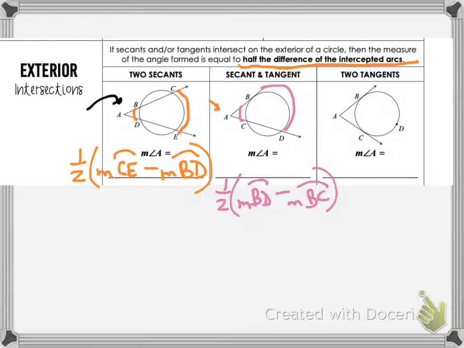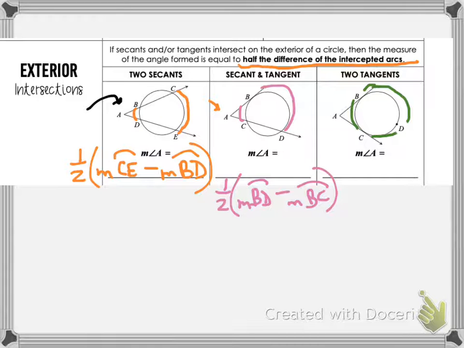And then the last one, we have two tangents intersecting out here. The intercepted arc in this picture would be BC, clear to there, which is the major arc. Actually, we would call that BDC, because the other arc here is BC.